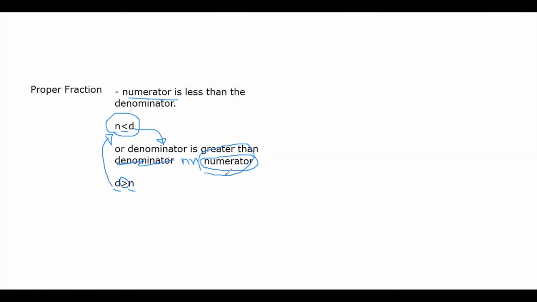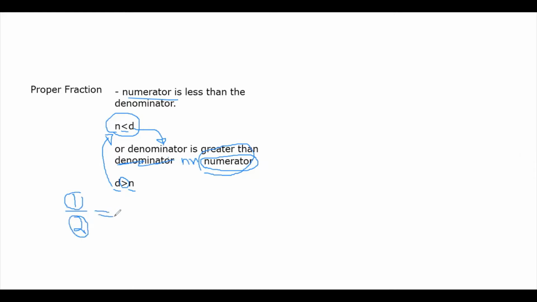In order for you to really understand what proper fraction is, I will give you some examples. We have 1/2. Okay, 1/2 is an example of proper fraction because we have a lesser numerator and a greater denominator.